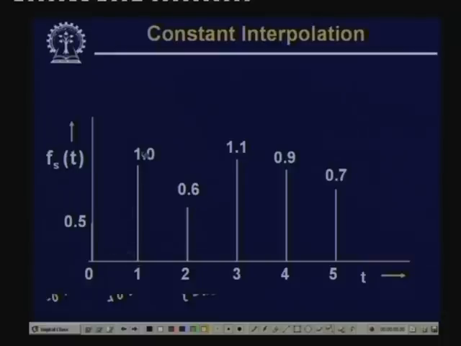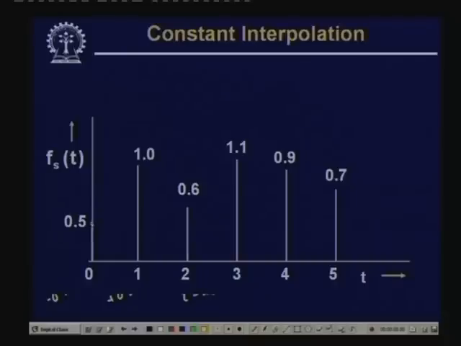After interpolation, using this constant interpolation function after our modified formulation, the value of the interpolated function will be, say, from t equal to 0 to t equal to 0.5, the value of f t will be equal to f 0. Between 0.5 to 1.5, the value of f t will be equal to f 1.